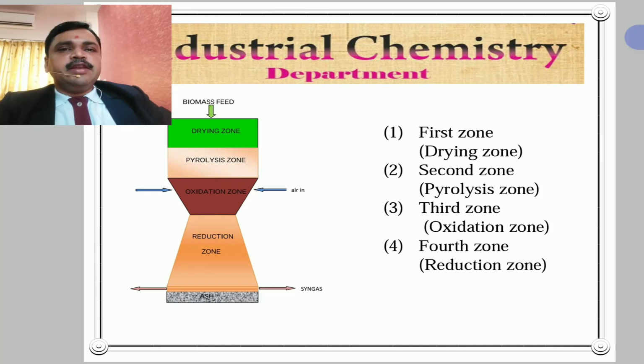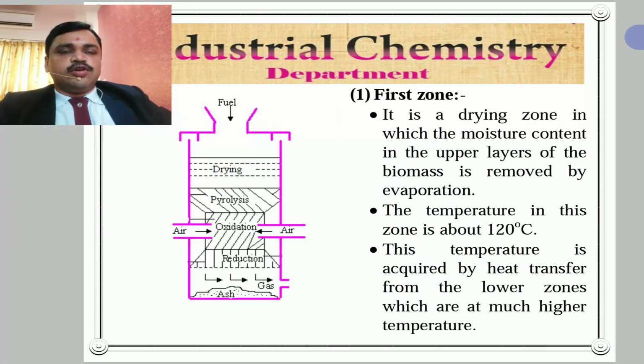Now we discuss these one by one in detail. I have different types of figures for the downdraft gasifier, and different figures describe the different zones, but the mechanism is the same in all figures.